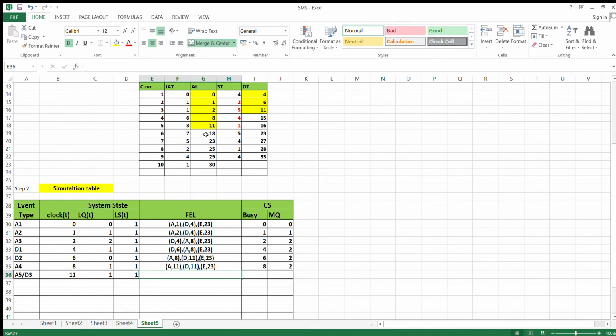So we remove departure and arrival, add next arrival, next departure, T, 15, T, 18, T, 23.